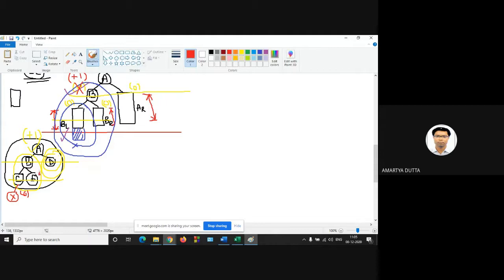For E the balance factor is 0, and for C the balance factor is +1. For B, as the height of the left subtree is greater than the height of the right subtree, it will be +1. For D it will be 0, obviously, as this is a leaf node.